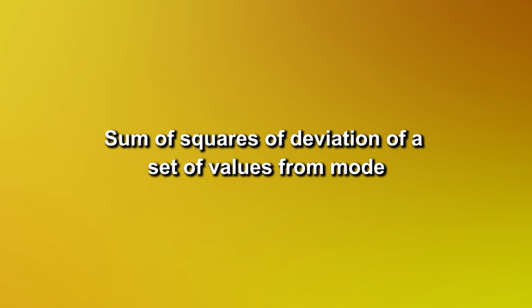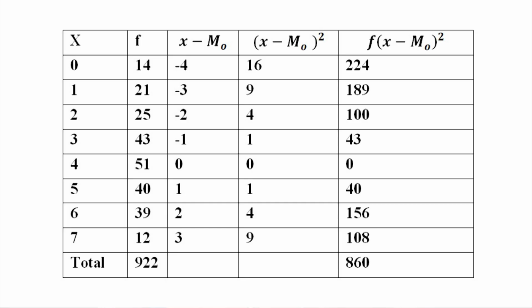Next, we shall consider the sum of squares of deviation of a set of values from mode. As a first step, compute the deviations of the observations from its mode, and the values are -4, -3, -2, -1, 0, 1, 2, 3, which are entered in third column.